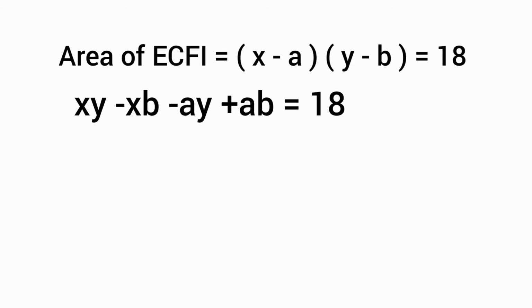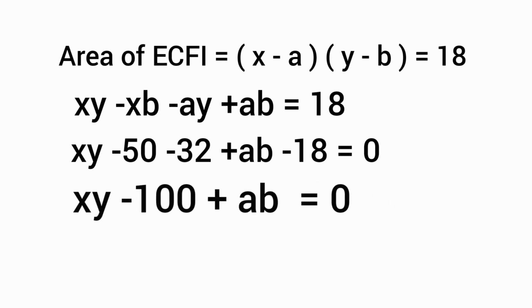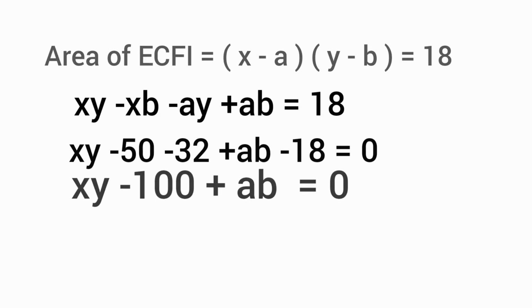From equation 1 and equation 2, we can write XY minus the value of XB, which is 50, so minus 50, minus the value of AY, which is 32, so minus 32, plus AB. Let's shift that 18 to LHS. So we get minus 18 is equal to 0. At last, we get XY minus 100 plus AB is equal to 0.